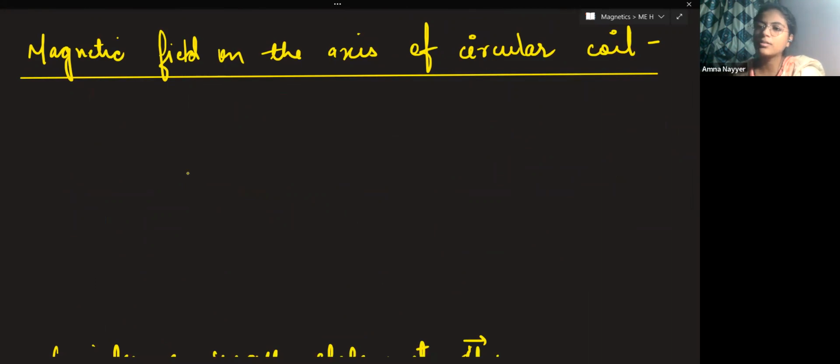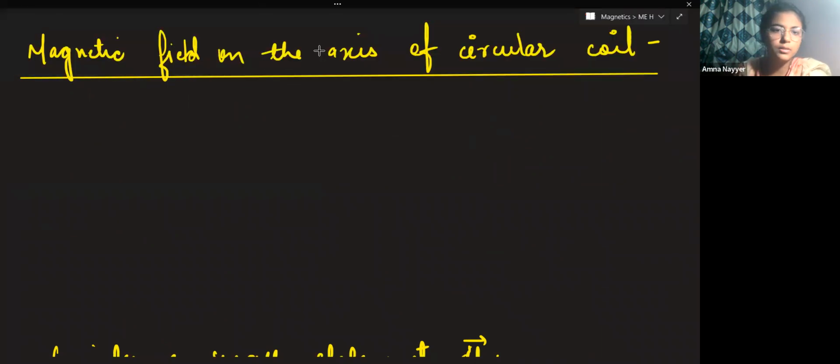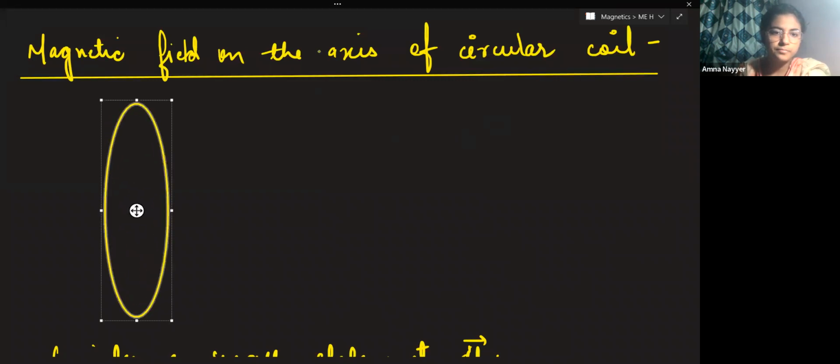So axis of a circular coil means, if I have made the circle like this, the circle is kept in the YZ plane.